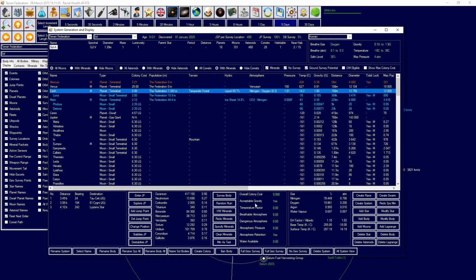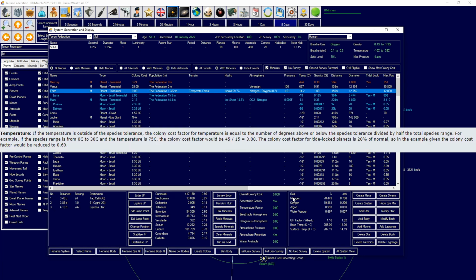Another thing is going to be temperature factor. If the temperature is outside of the species tolerance, the colony cost factor for temperature is equal to the number of degrees above or below the species tolerance divided by half the total species range. For example, if the species range is from 0C to 30C, and the temperature is 75C, the colony cost would be 45 divided by 15 equal 3.0.